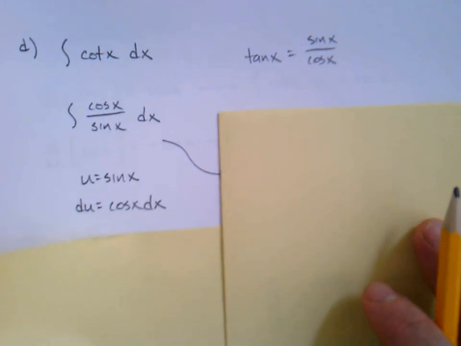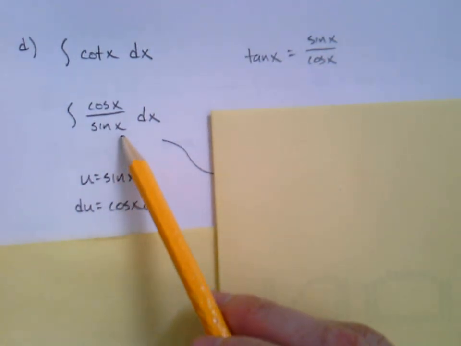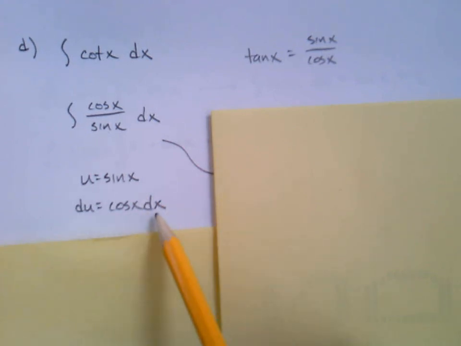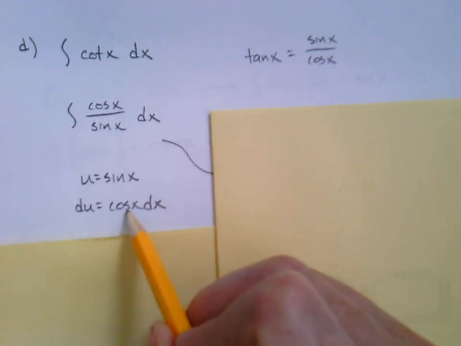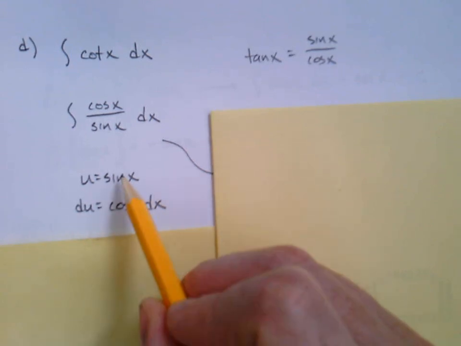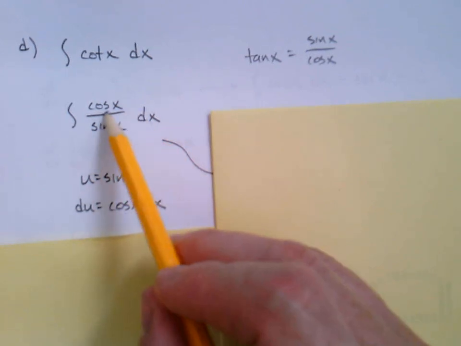And I'll just show you my work there. There's nothing else going on, so if u equals sine x, du is cos x dx, and I need that because I need my du to be the product of that derivative and dx, and that's what I have, right? The dx could move up into the numerator, cos x dx.